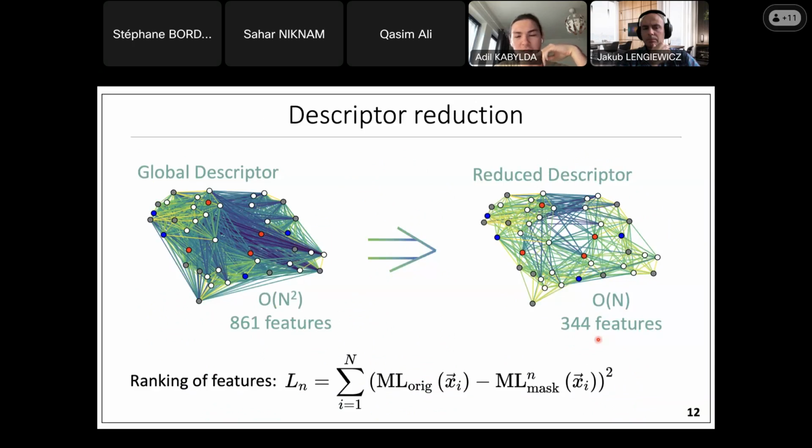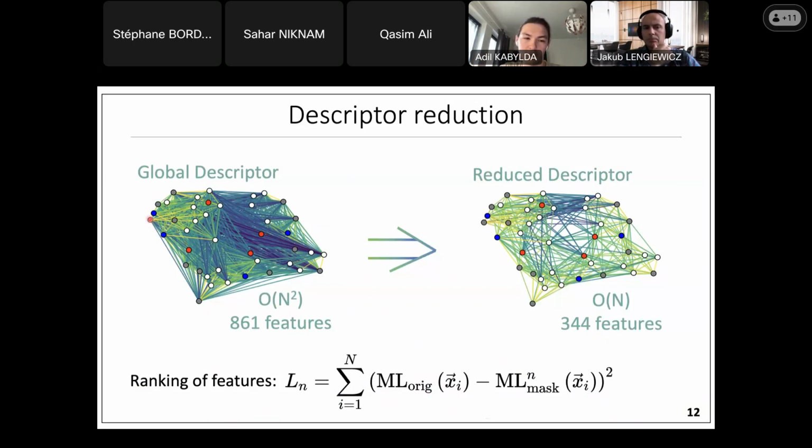And how do we go from the global to the reduced descriptor? So we train an original machine learning model, ML original, and then we perform a sort of sensitivity analysis. So we mask all interactions, all features one by one, and see whether the performance of the model decreases or not.